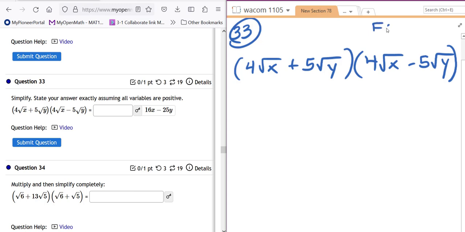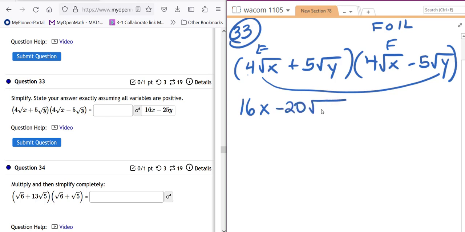Okay, and we're doing a FOIL. Right, so we're going to do first terms, which are these two. Pieces outside multiply, so 4 times 4 is 16. Square root of x times square root of x will take the radical off. And so this will just give us x. So that's our first one. Outside is here. And so pieces outside multiply, so that gives us minus 20.